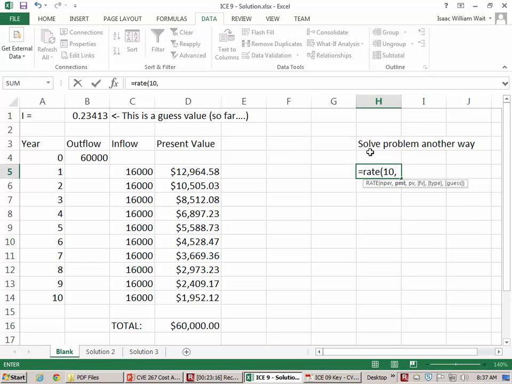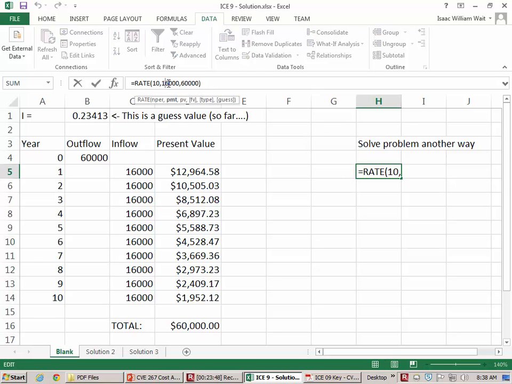What is the amount of the payment? So PMT, 16,000. And then what is the future value? We don't know the, PV. Oh yeah, it's PV. PV is bold. So the present value was 60,000. And then we'll just end that with the close parentheses and enter. It's saying it can't figure it out.